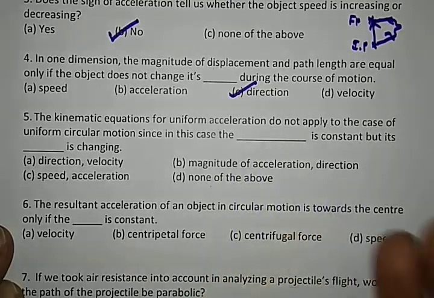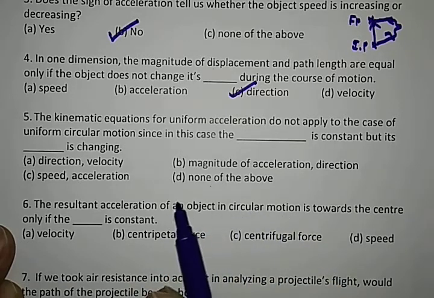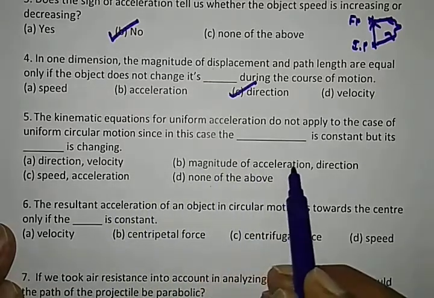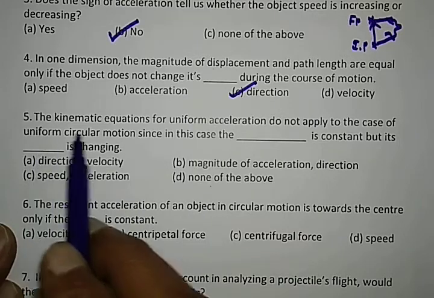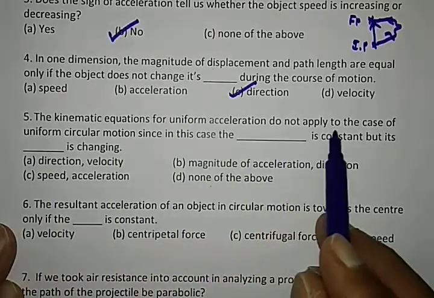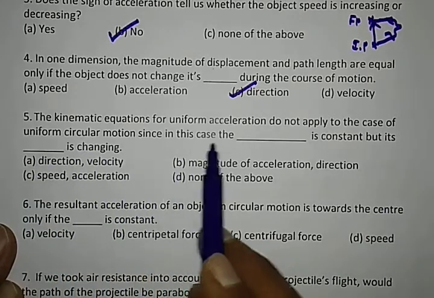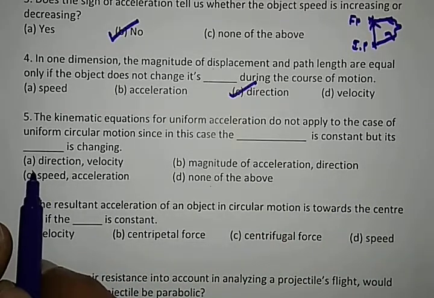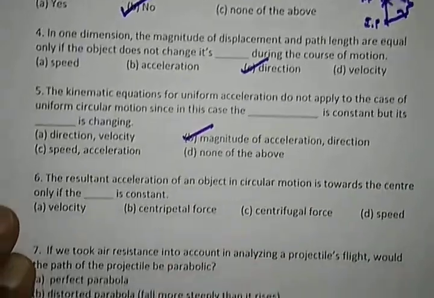The magnitude is constant whereas the direction is changing. So that's why we cannot use it. The answer here is magnitude of acceleration and direction. The kinematic equations do not apply to uniform circular motion, since in this case the magnitude of acceleration is constant but its direction is changing. B is the correct answer.